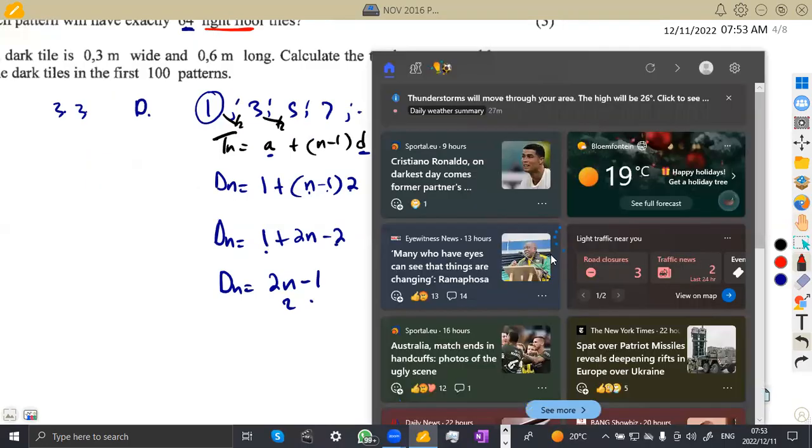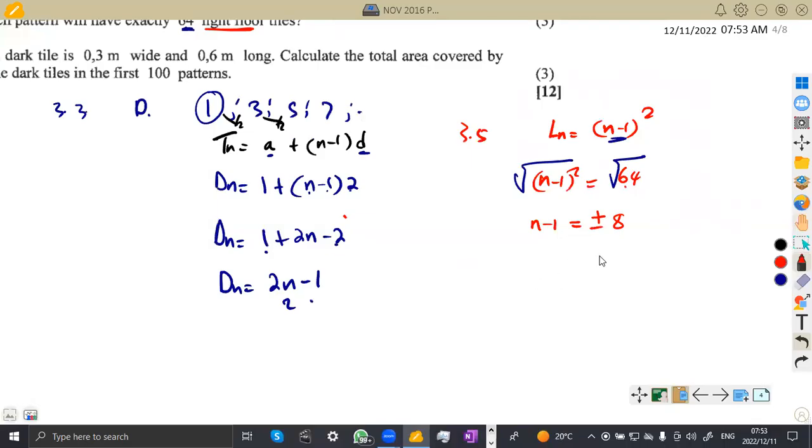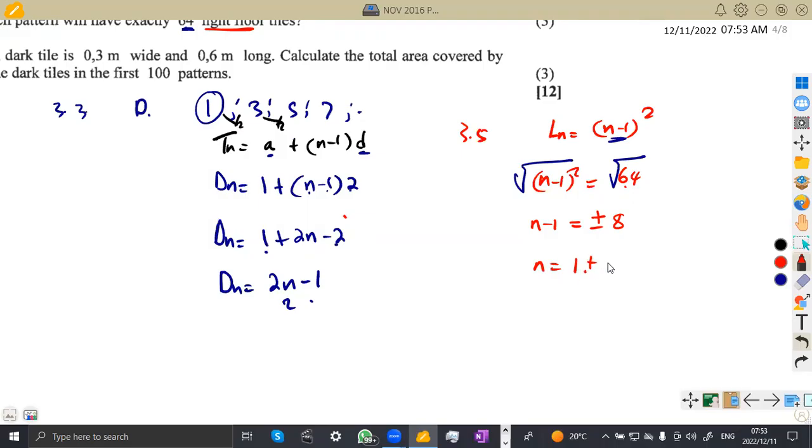All right, so to find n, sorry for that. I'm showing the screen, so anything can happen. So to find n here, we can transpose minus 1 to the other side of the equation. That will be a positive 1. So we are going to have n is equal to 1 plus or minus 8. So n is going to be separated between plus or minus 8. So it's going to be 1 plus 8 or n equal to 1 minus 8.